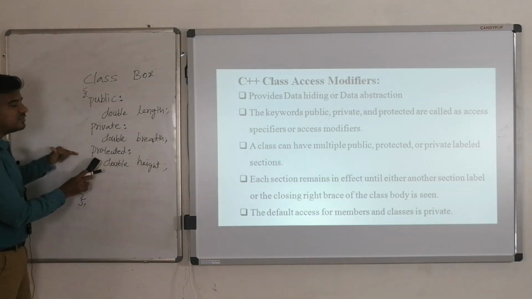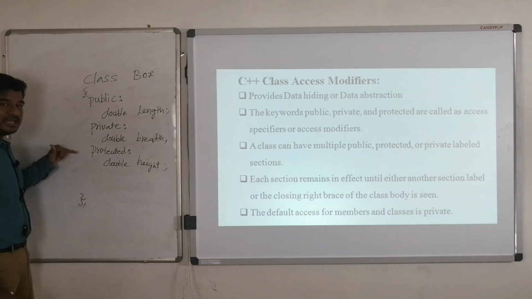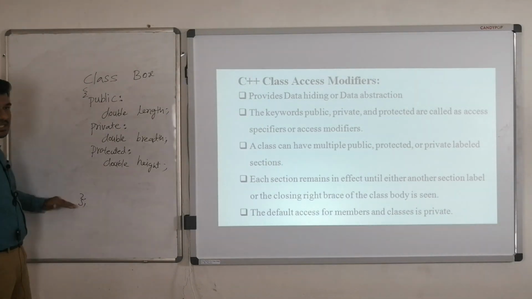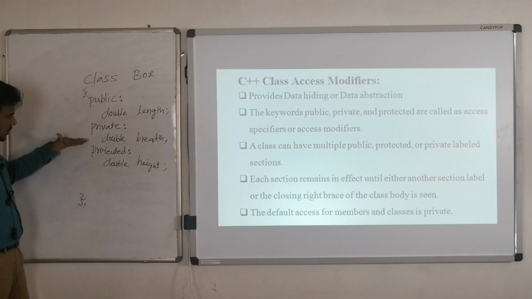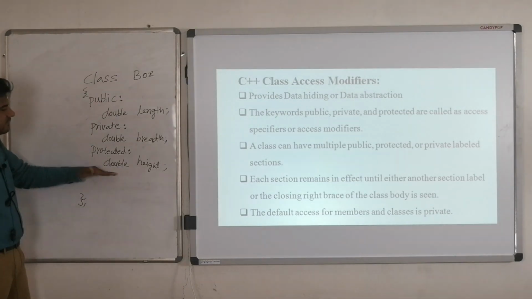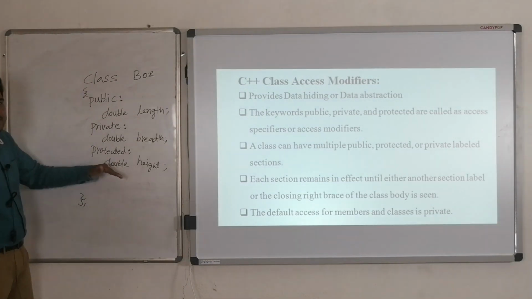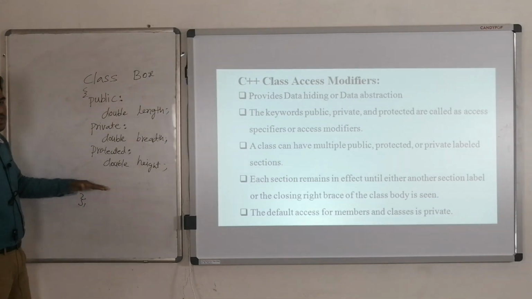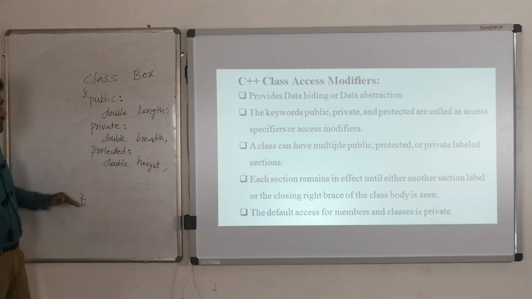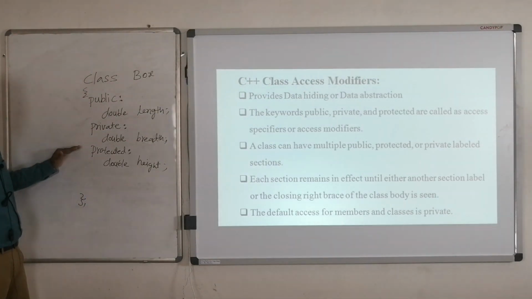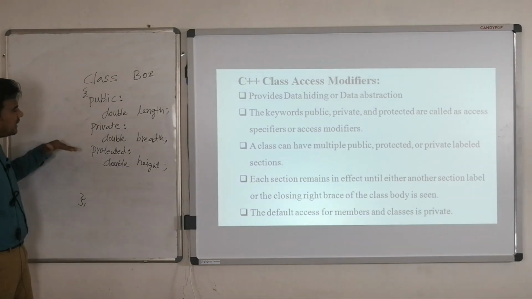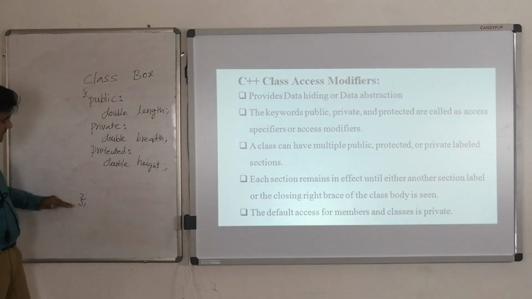And where the scope of this protected access modifier is going to end means when it sees the closing bracket, because we are not having anything in between. After declaring this height data member, I don't have anything. So directly I have the closing bracket. So the scope of the protected access modifier is going to start at this point and end when it sees the closing curly bracket.